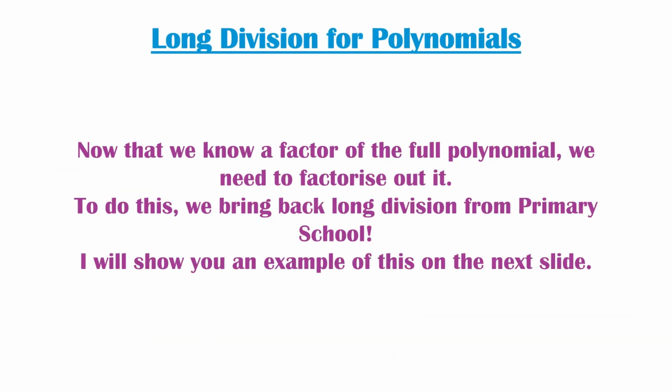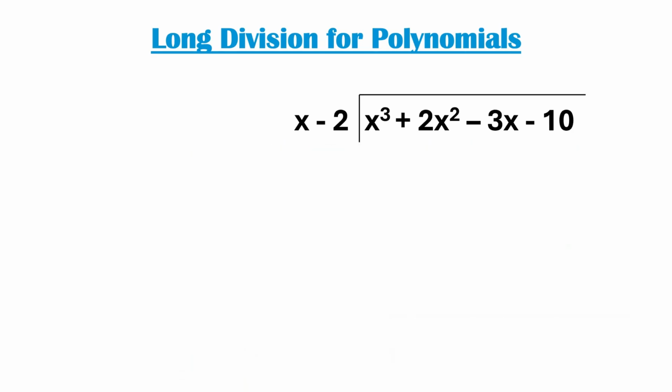Now that we have that one factor, we can then use long division of polynomials to separate it out and get ourselves a quadratic remaining. So let me show you how to do this. So here's our example one from earlier, and here's our x minus 2. First, we need to multiply that x minus 2 by something to get it to match that first two terms.